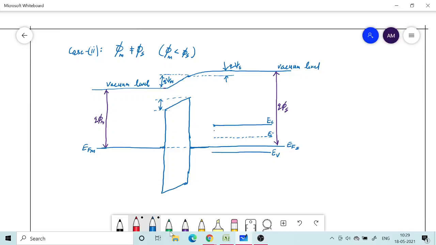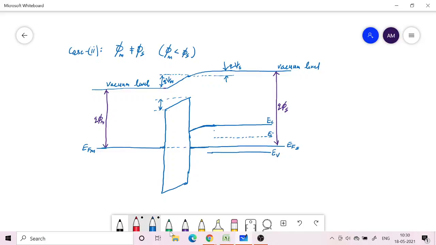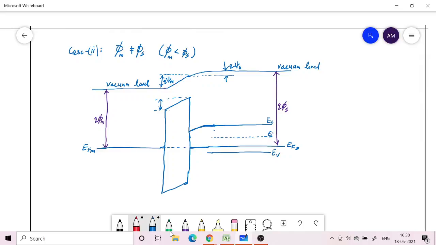Now this bending is going to be common for all the EC, EI and EV. So whatever is the bend here, that is going to be common. That means it is going to bend like this, and this is also going to bend like this, and similarly this also is going to bend like this.